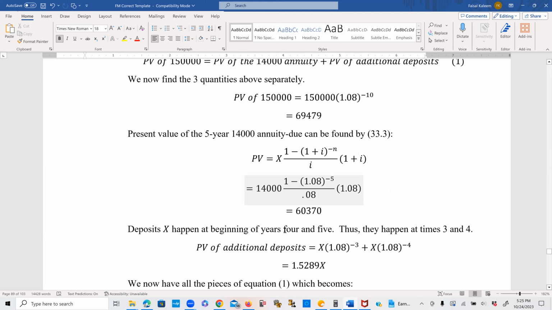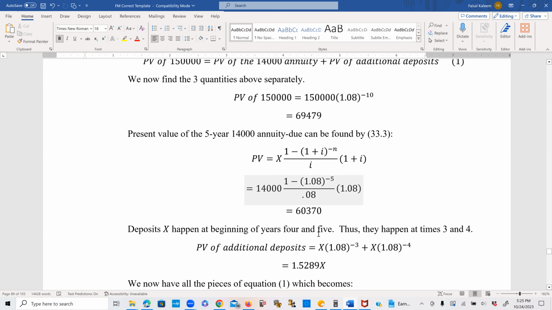So remember, the beginning of year 4 is time 3. We look at the time diagram, and the beginning of year 5 is time 4, because basically year 4 is actually the time period between years 3 and 4. So its beginning is time 3, and similarly time period 5 is from time 4 to 5.